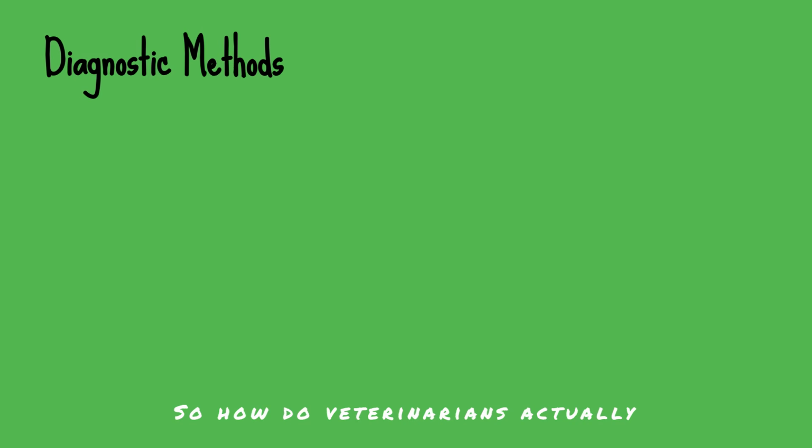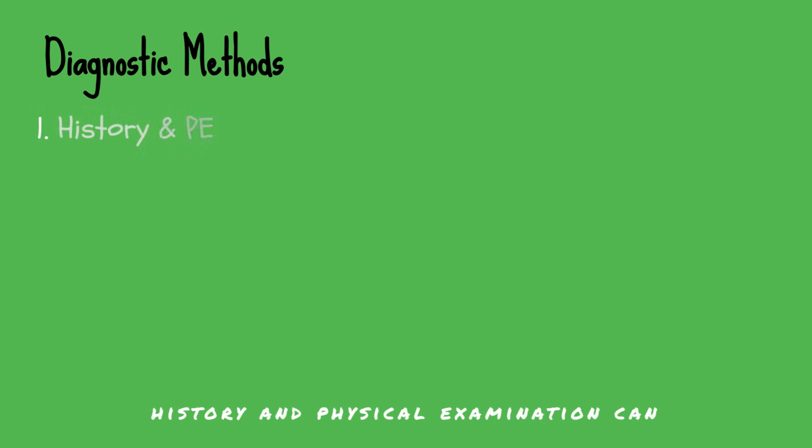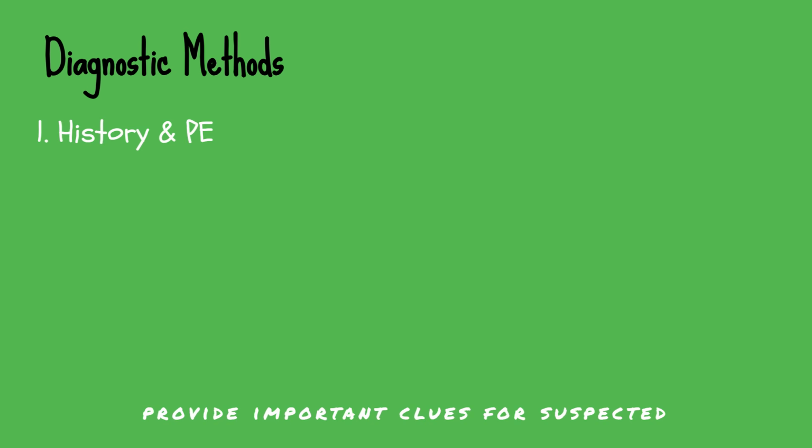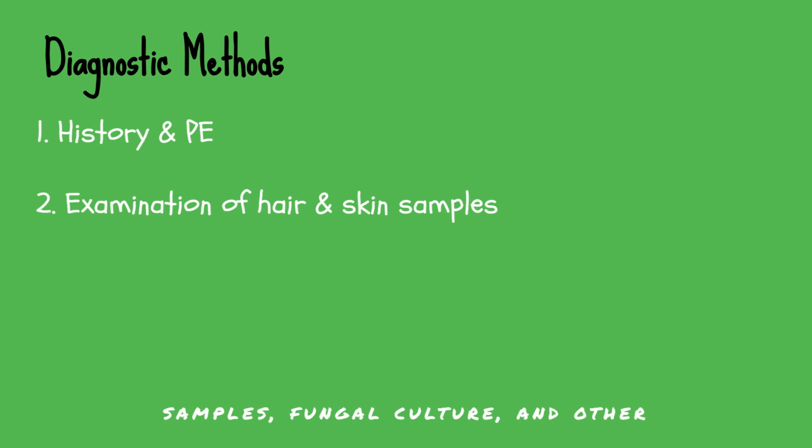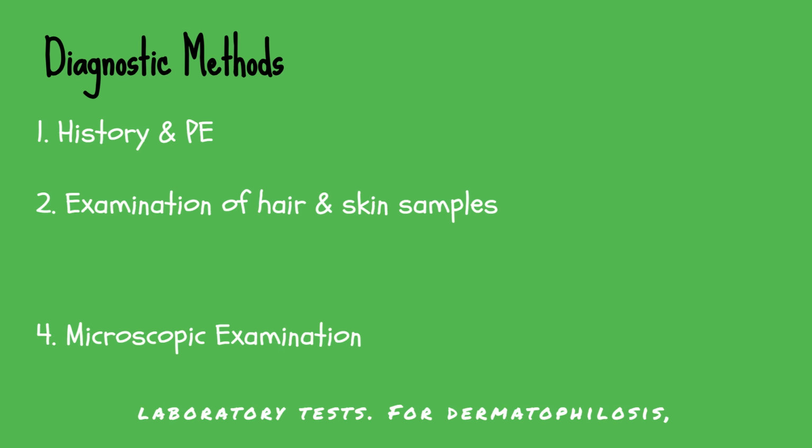So, how do veterinarians actually distinguish between the two? First, the history and physical examination can provide important clues. For suspected dermatophytosis, diagnostic methods can include examination of hairs and skin samples, fungal culture, and other laboratory tests. For dermatophilosis, samples from the crusts or affected skin can be examined to look for the characteristic bacteria.